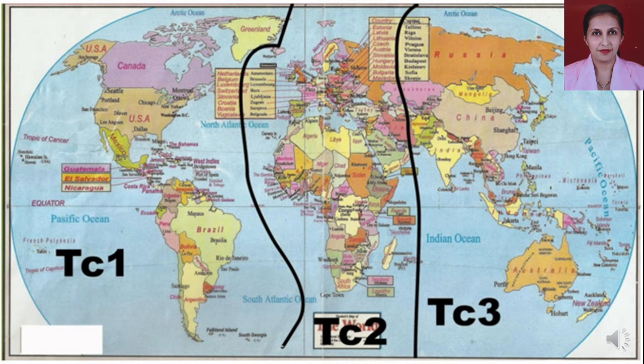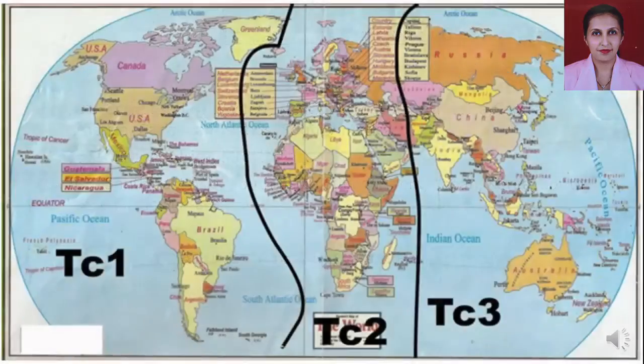But as per aviation geography, the left side part of Europe, the African continent and the Middle East comprise TC2. I repeat, the left side of the European continent, the Middle East countries, and the whole of the African continent come under TC2.